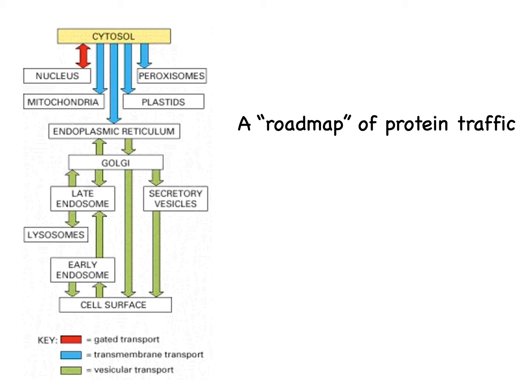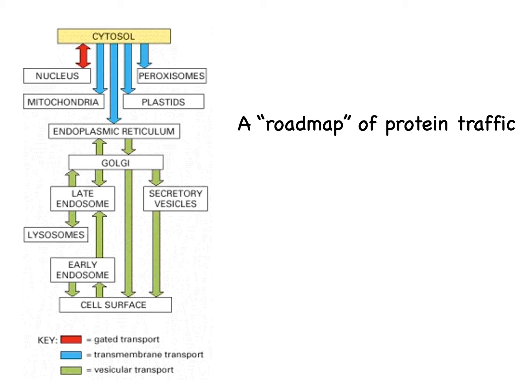Up in the left-hand corner, shown with a red arrow, which has been labeled gated transport, is the transport of proteins in and out of the nucleus. And proteins don't need to cross a membrane in order to do that, but they do need to pass through gated pores in a membrane. And we'll talk about that in a little more detail.